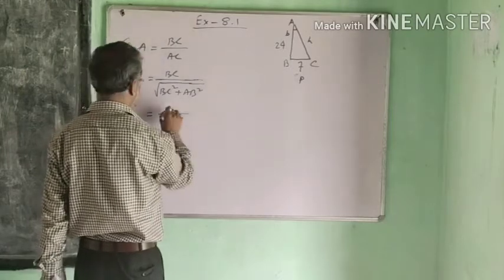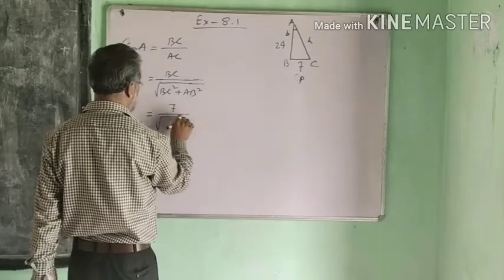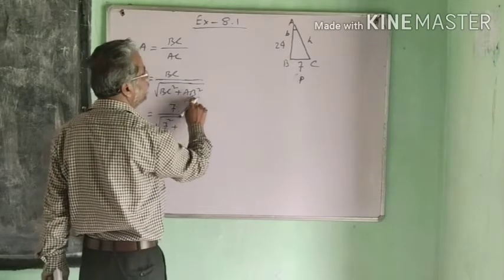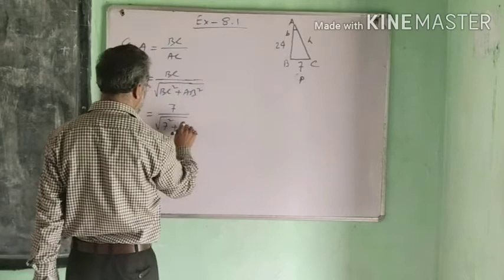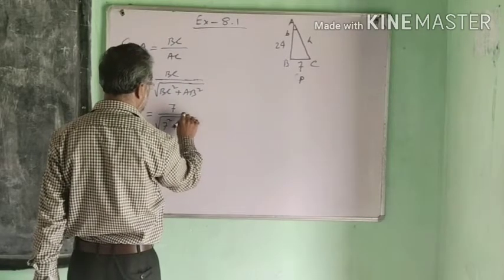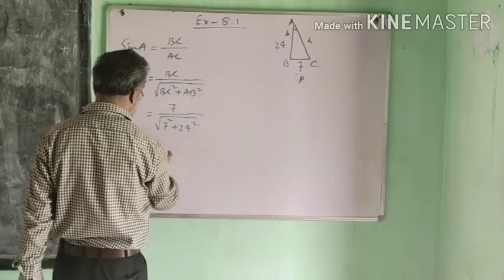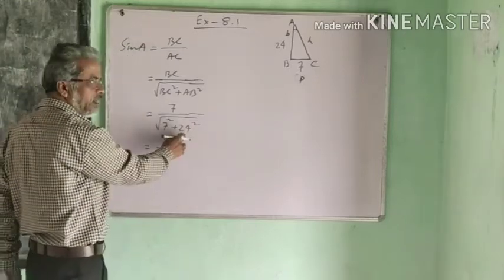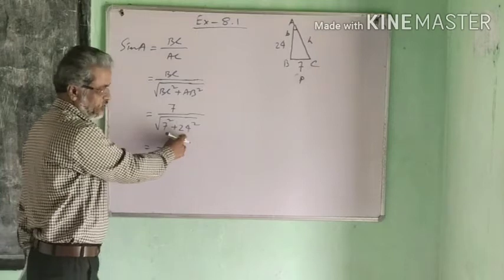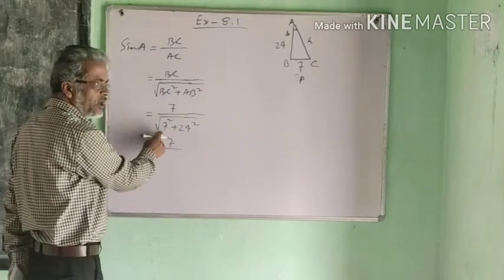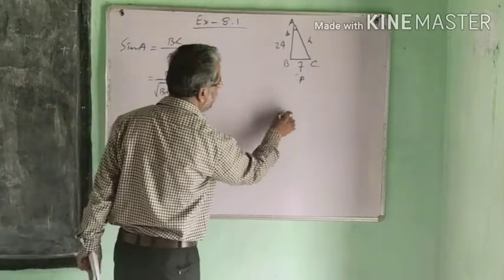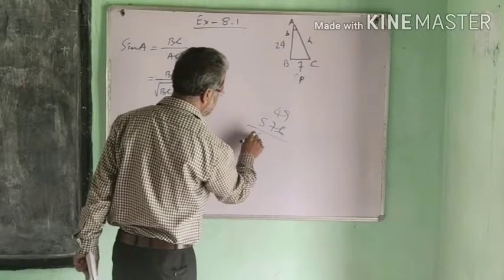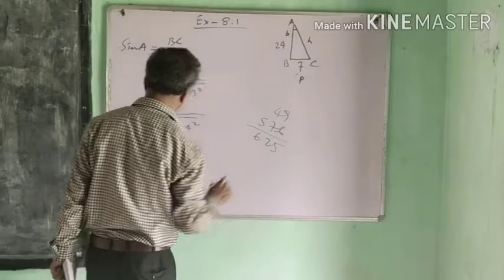BC is 7, root over 7 square plus AB is 24 square. Thus we get 24 square is 576 and 7 square is 49. 49 plus 576 is 625.